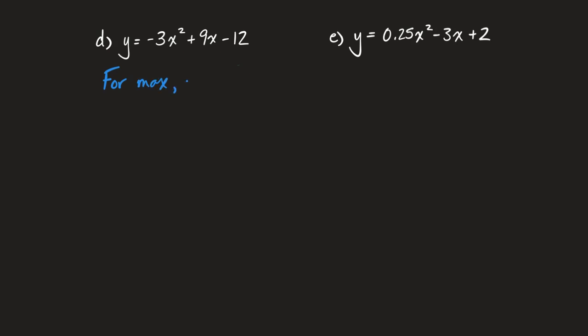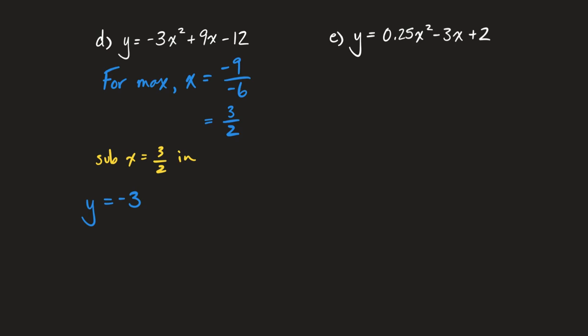So for my max, I know that my x has to switch the sign on the 9 divided by 2 times my a. Now, I can reduce that fraction, and I really hope that you did, and you reduced it to 3 halves. So now I can sub an x value of 3 halves back into my function.